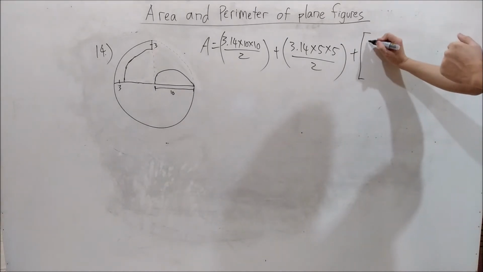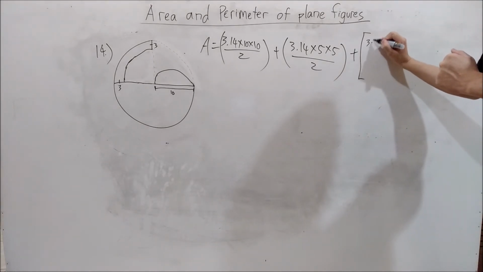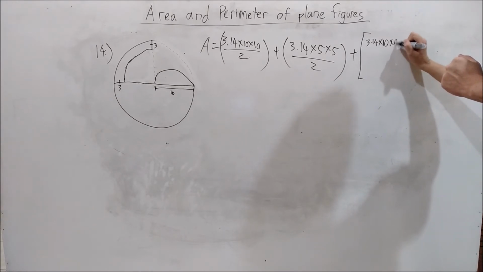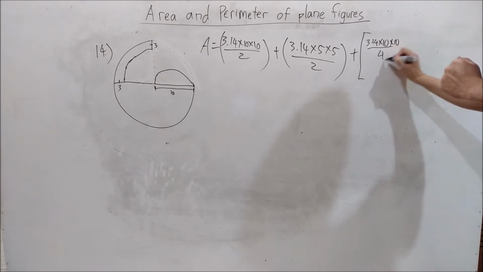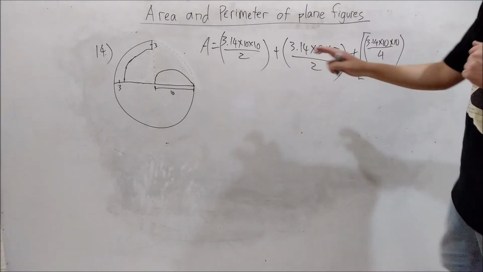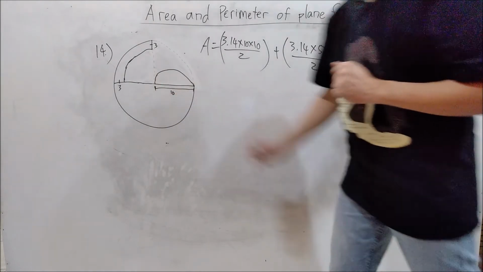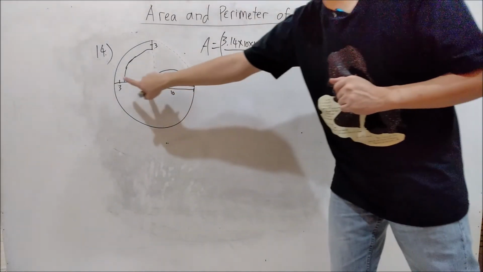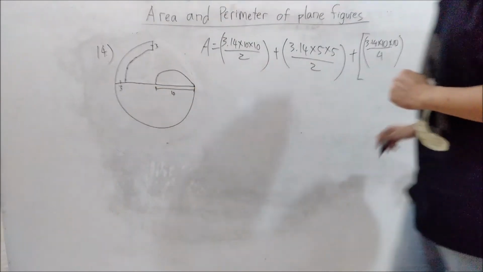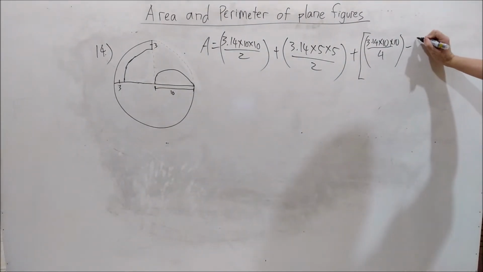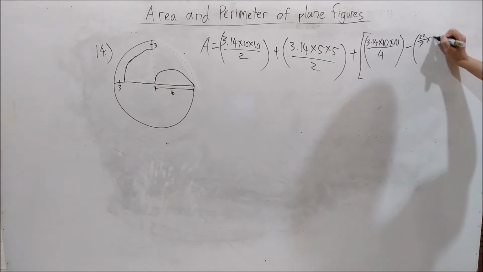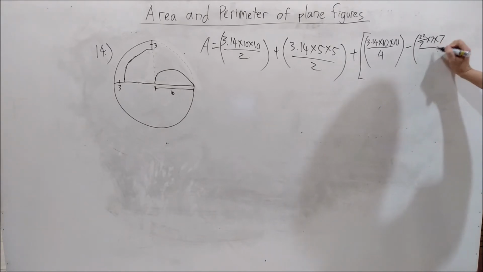The first thing that we count is 3.14 times 10 times 10 divided by 4. This is the big quarter circle. And then now we will count the small quarter circle. The small quarter circle has a radius of 7. So minus, this time we will use 22/7 times 7 times 7 divided by 4.